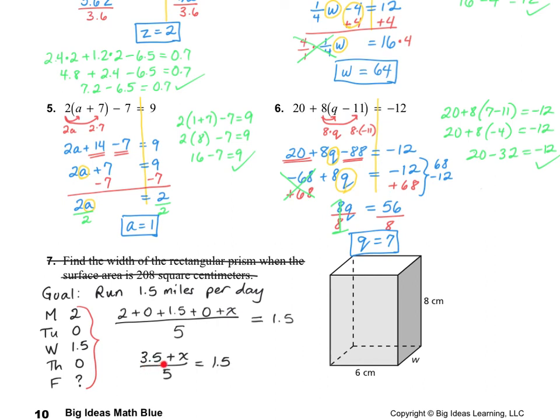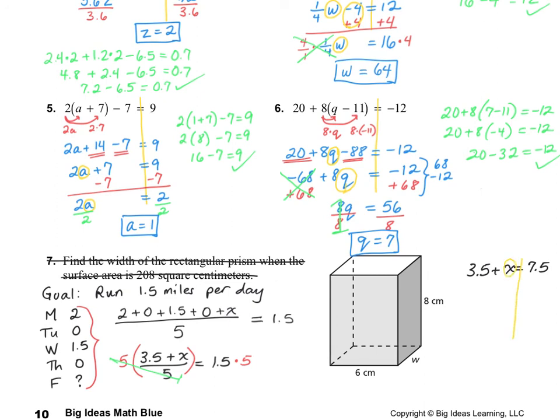Now, since everything is divided by 5 here, what we can do is multiply by 5 on both sides. And when we do that, 5 divided by 5 is 1, so those cancel out. And what I'm left with is 3.5 plus x is equal to 1.5 times 5 is 7.5. So now we just need to solve for x.